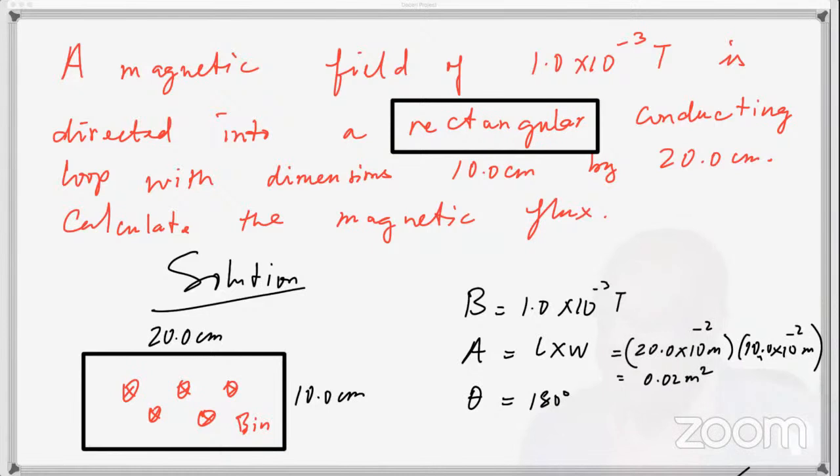Did anyone get the same answer? And I'm going to actually add 0 because I want to keep the same number of significant figures. My measurements, the length has 3 significant digits.